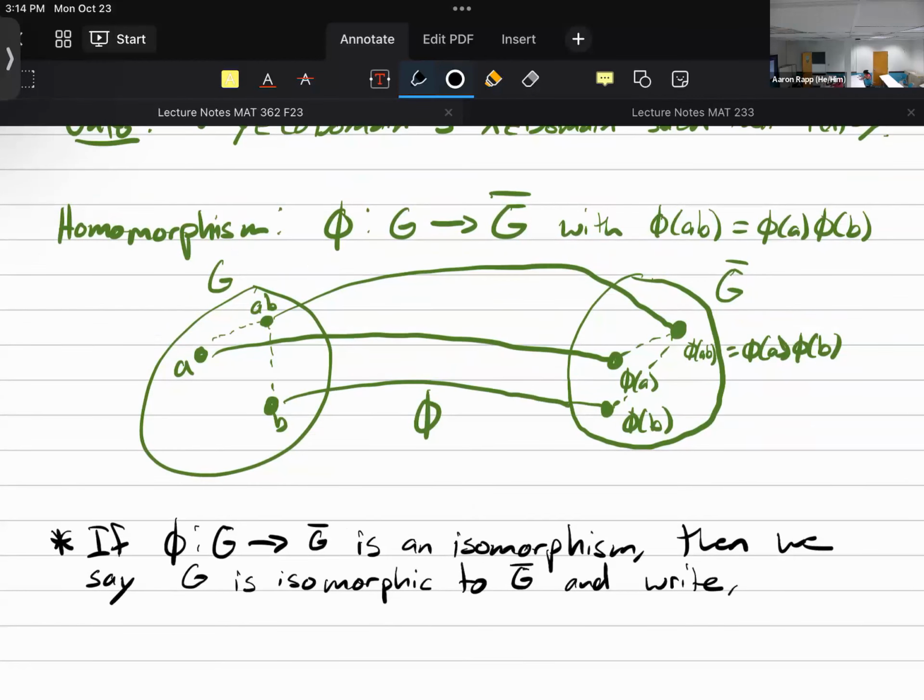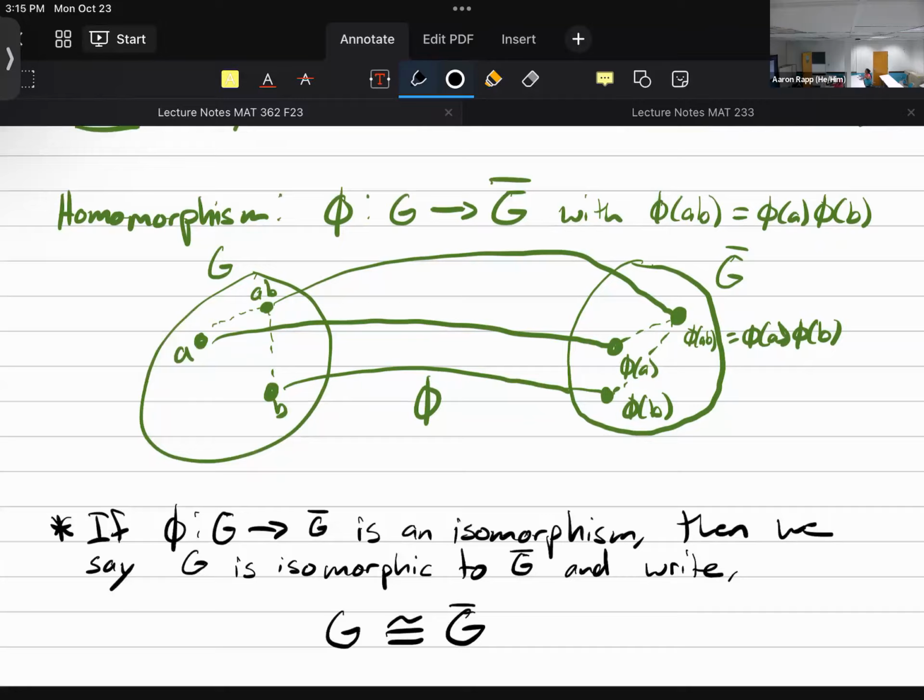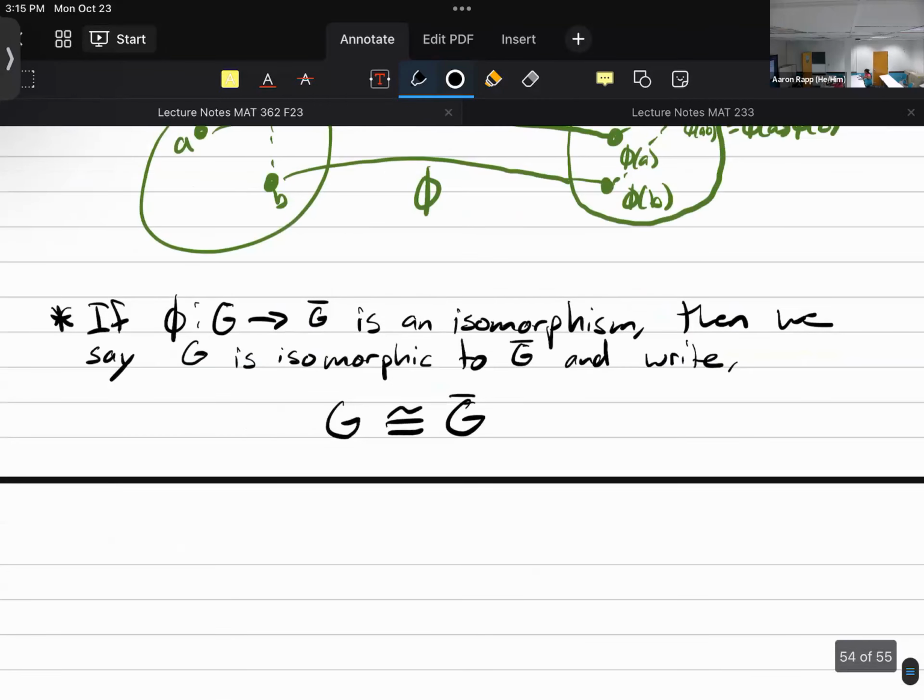And we would write the following. A quick visual interpretation: G is equal to, with a squiggly on it, G bar.